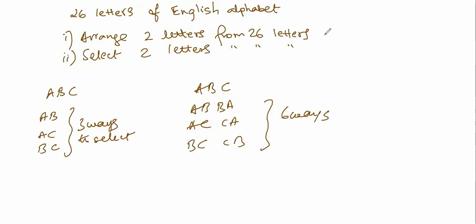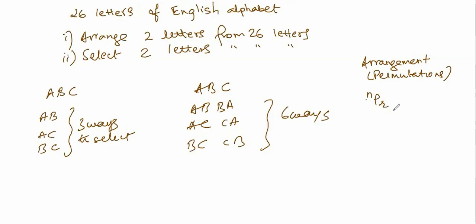So for the arrangement, you can call it permutation. How many permutations do you have? And the formula is nPr, where n are the 26 letters and r are the number of arrangements you want to make out of the n letters given to you.